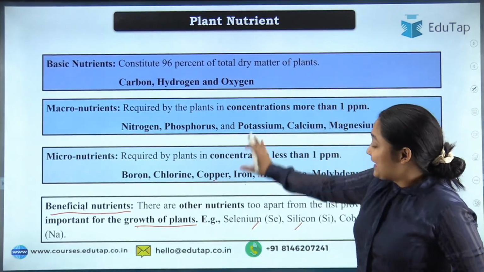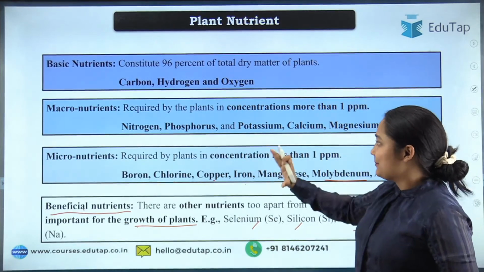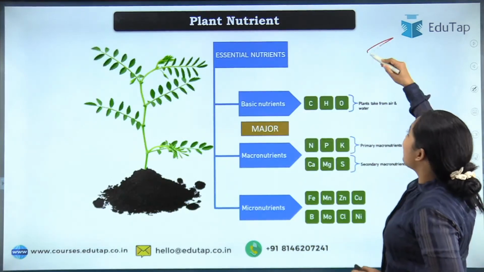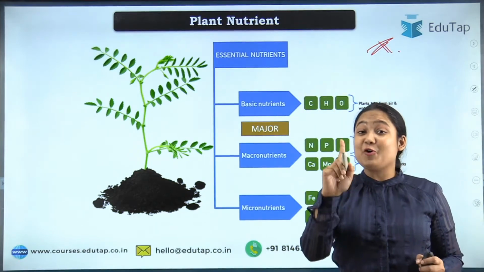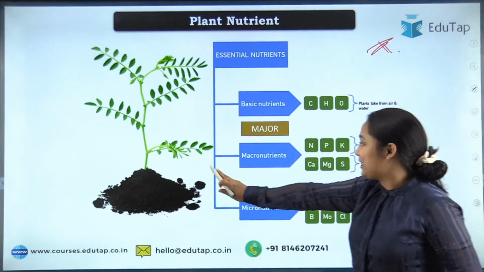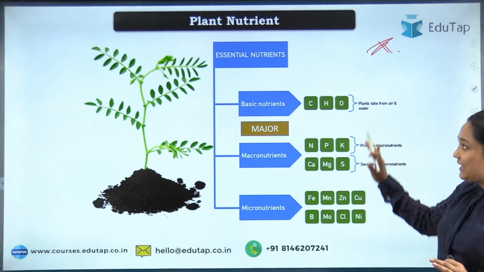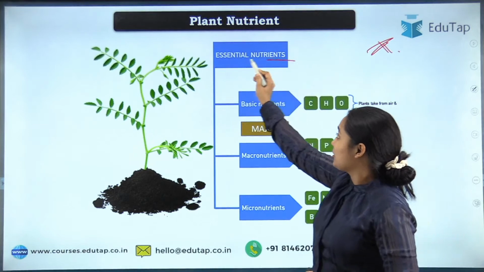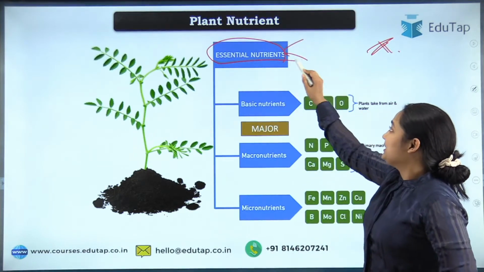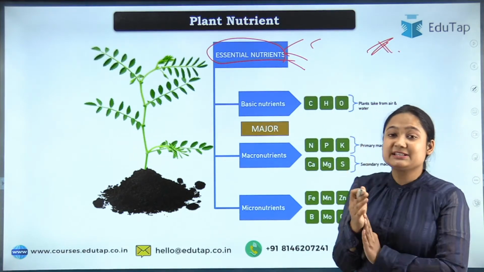Now, that aside, let's quickly summarize it. What we studied is all given in this one slide. If you are going for an exam and you don't have time, just take a quick look at this slide, and you will have a clear picture of the nutrients we are discussing. We are talking about essential nutrients, and three conditions we have discussed. What were these three conditions?